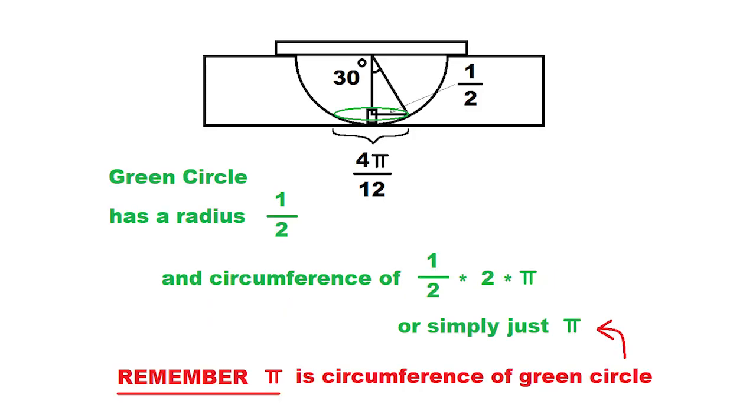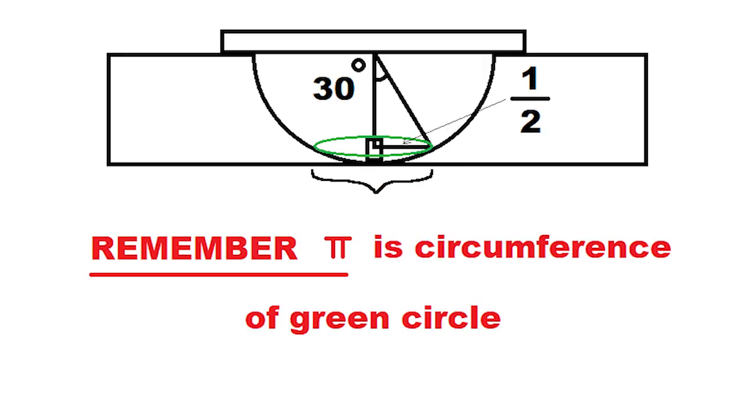This green circle will have a radius of 1/2 and diameter of 1. This gives it a very simple circumference of plain old pi. Not 2 pi as we're used to seeing. Remember this plain old pi. It will be important also.